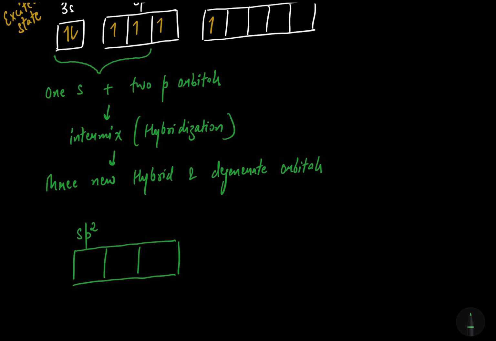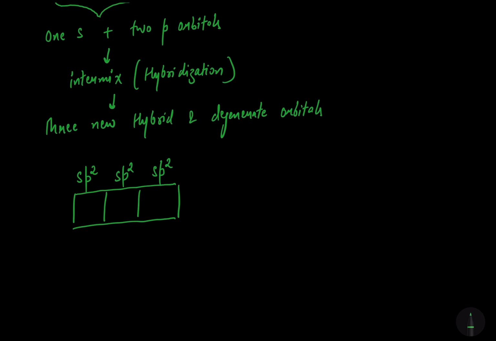The second hybrid orbital will also be named sp2, and the third hybrid orbital will also be named sp2. That means we have 33.33% s character and 66.66% p character per hybrid orbital.